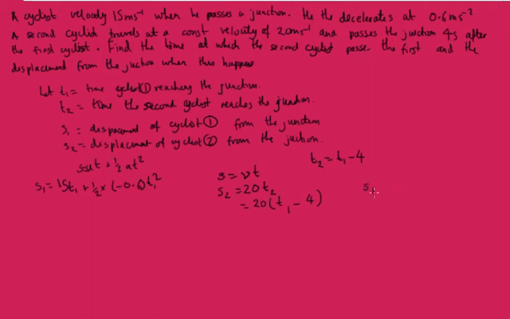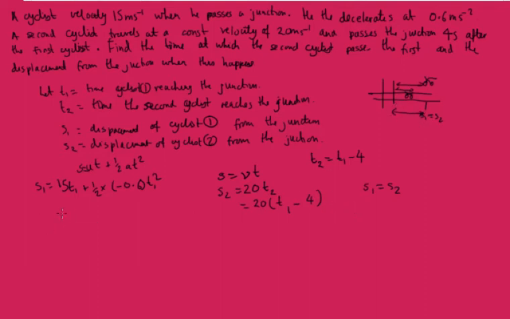So at that point, the two displacements from the junction are going to be the same. I should run a wee diagram. You've got this junction, and you've got cyclist 1, this distance, and you've got this other cyclist behind. This guy's slowing down, this one's going at a constant speed, and when this distance here is when S1 equals S2, this distance from the junction.